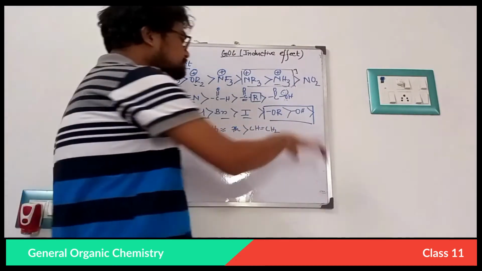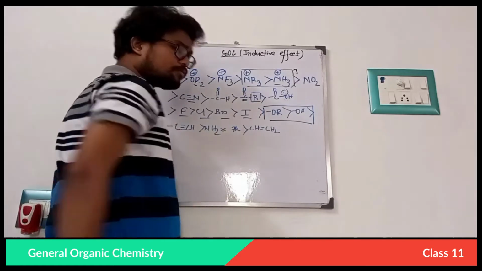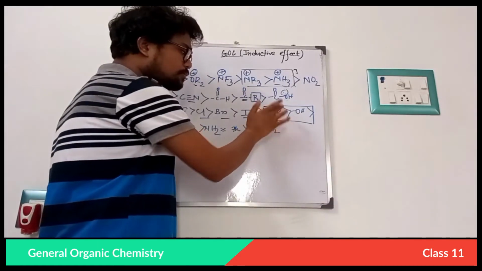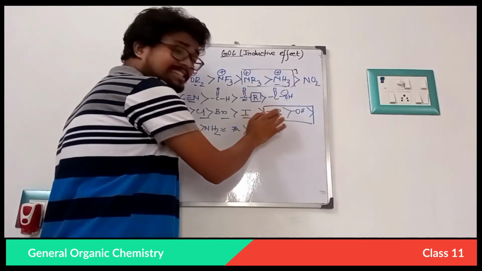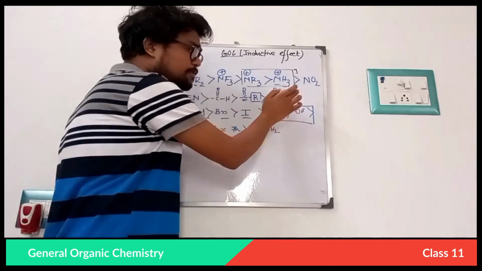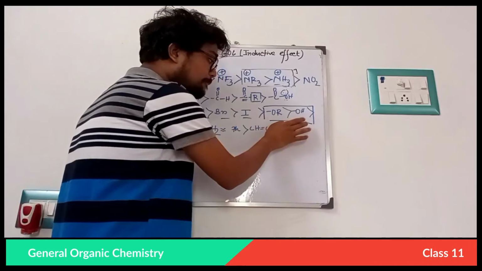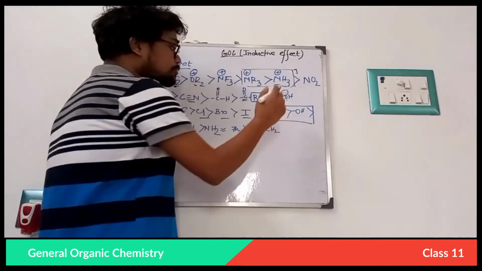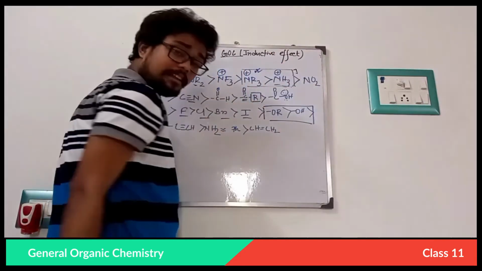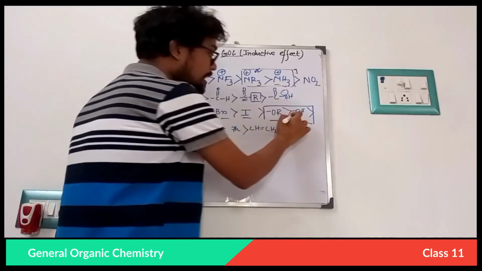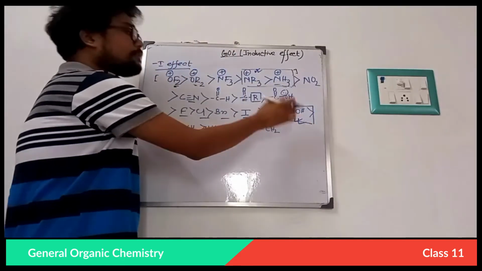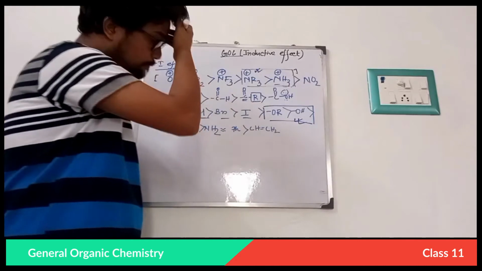So what happens if any alkyl group shows plus I effect? Then OR has a lesser minus I effect than OH, because hydrogen has no plus I effect. But why did it happen in this case also? In the first case there is an exception, and here also there is an exception. I am explaining it very soon.